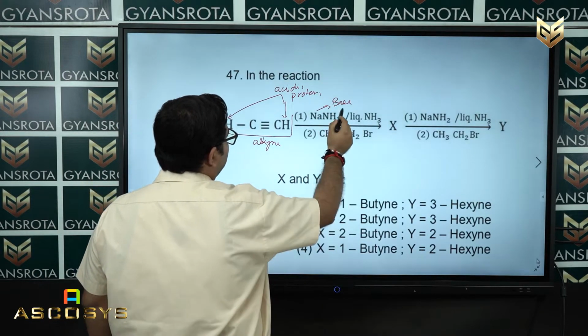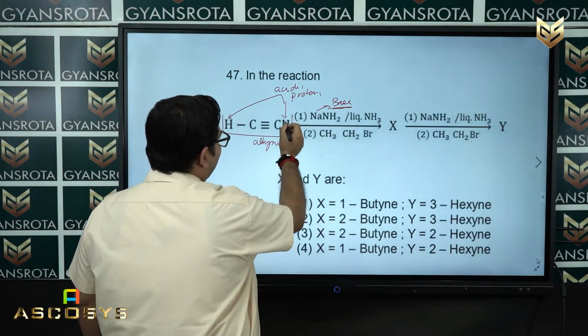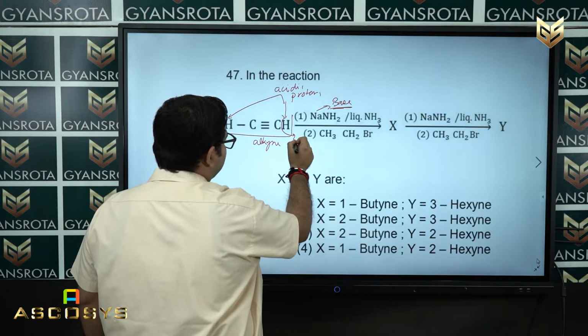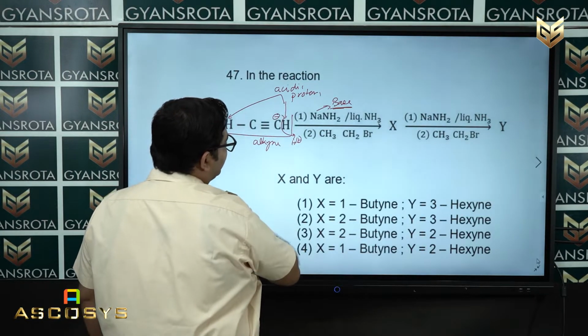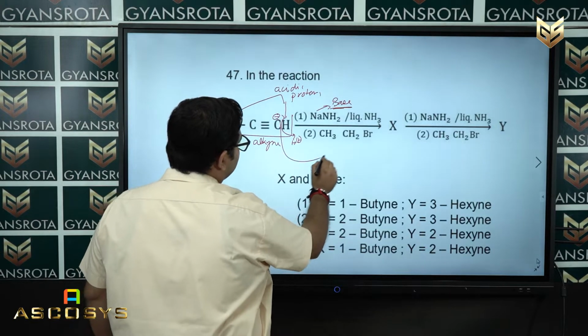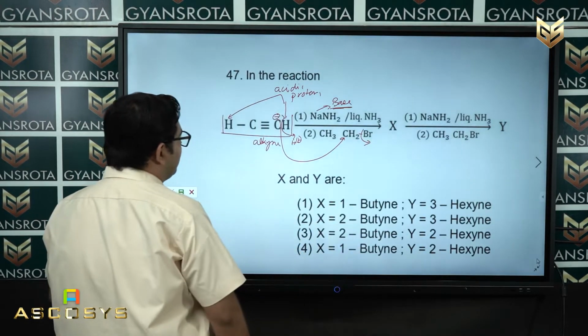Base abstracts this acidic proton. As a result, after removing this H plus, a C minus, the nucleophile, is generated, and this C minus will go and attack this position and Br will be left out.